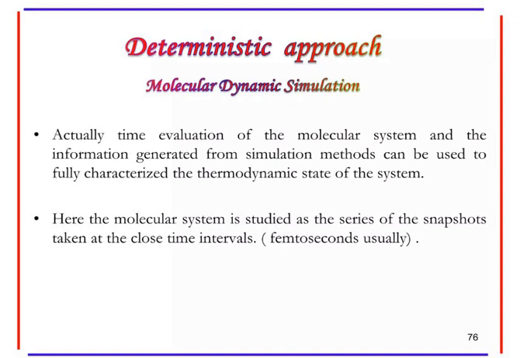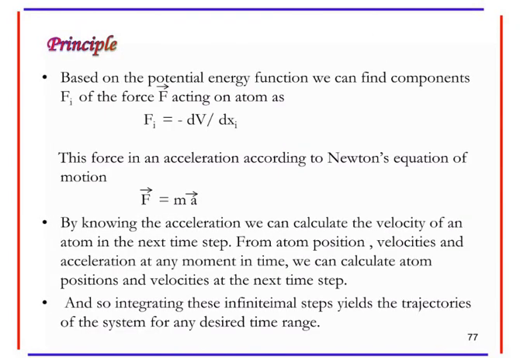Here the molecular system is studied as a series of snapshots taken at close time intervals, usually femtoseconds. In principle, based on the potential energy function, we can find the component Fi of the force F acting on an atom, and this force gives the acceleration according to Newton's equation of motion.